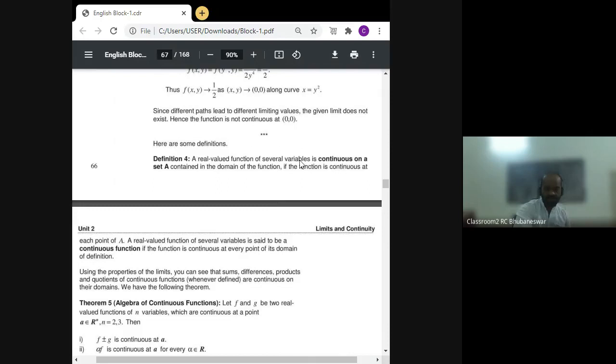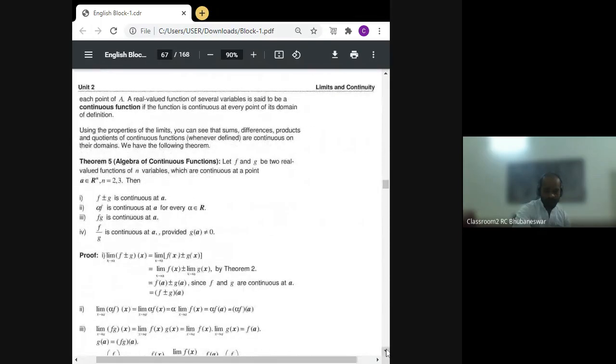That means if the function is continuous at every point of its domain, then we can say that the function is a continuous function, continuous at every point of its domain of definition. So according to that idea, we can extend our result with the help of this continuous function.